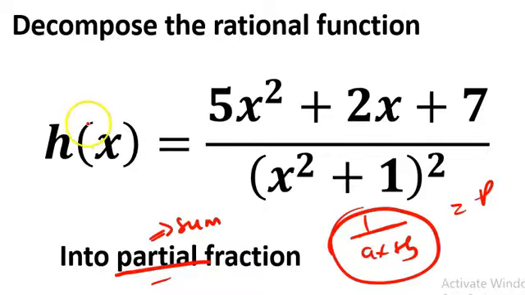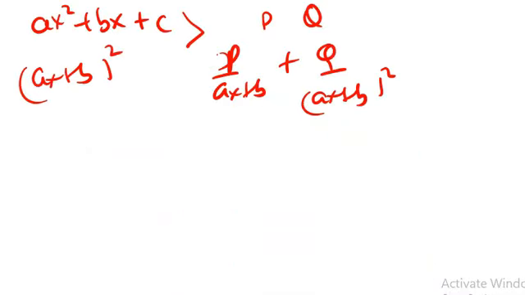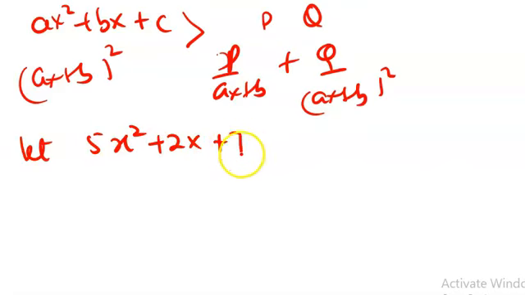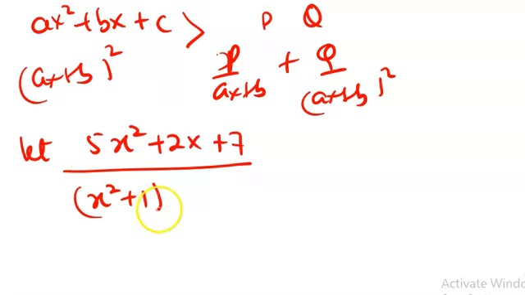Care must be taken, otherwise we are going to mess up. So first, let 5x squared plus 2x plus 7 over x squared plus 1 all squared be equivalent to, so we are going to break it.